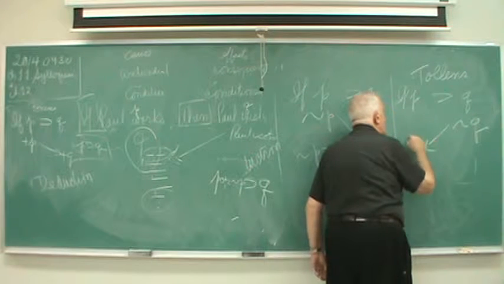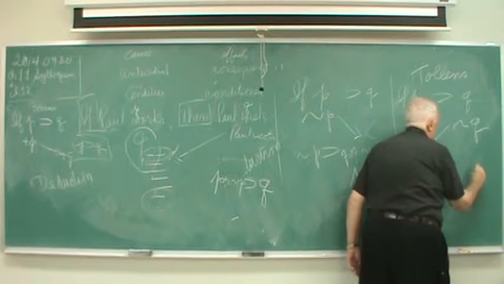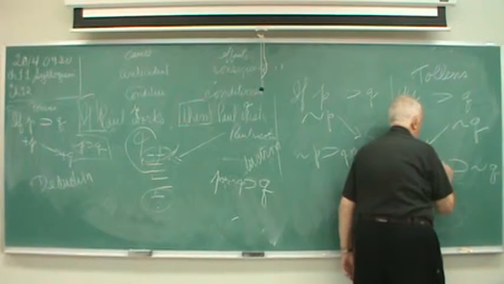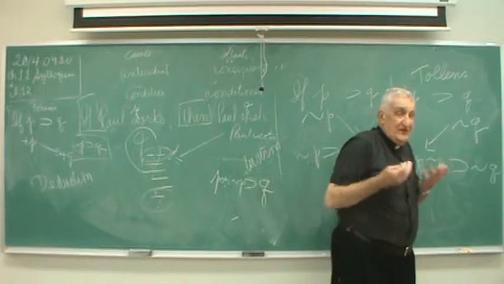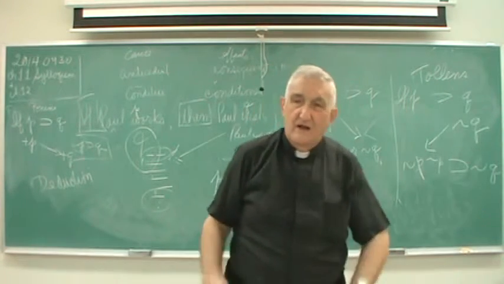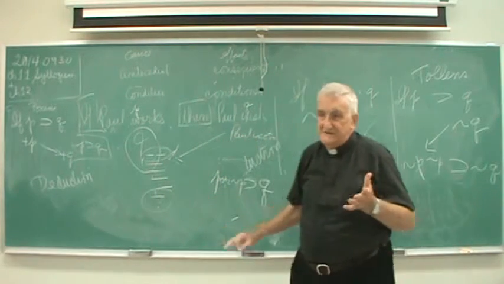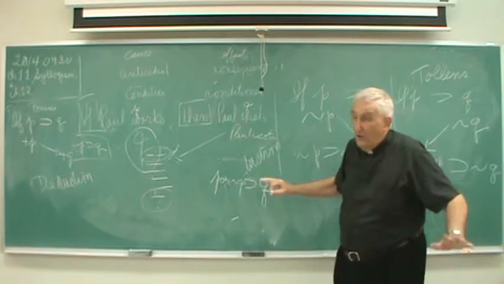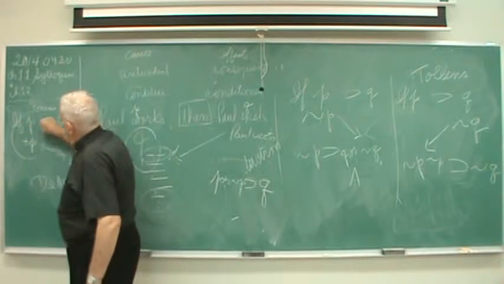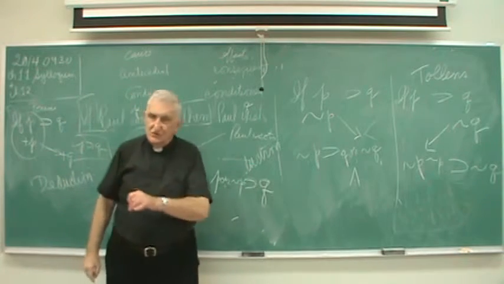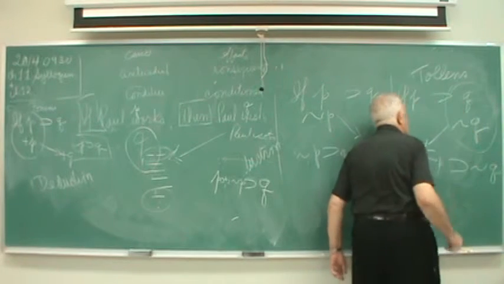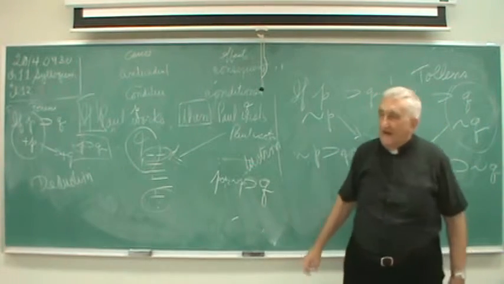If you deny Q, you deny P. But for us as scholastic philosophers, disciples of Aristotle, we say there are only 2 possibilities. The others are unknown. The first possibility, ponens, we affirm P, we affirm the condition, or tollens, we deny the effect.